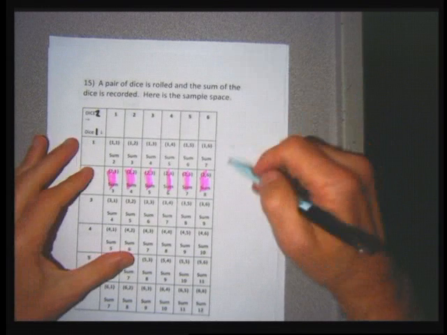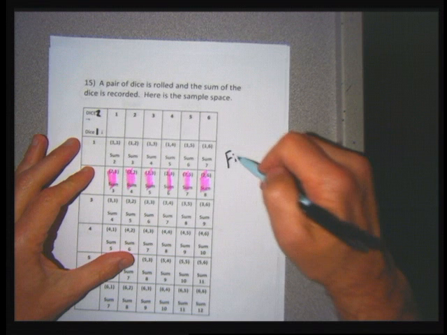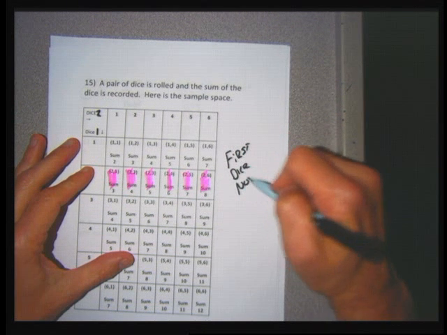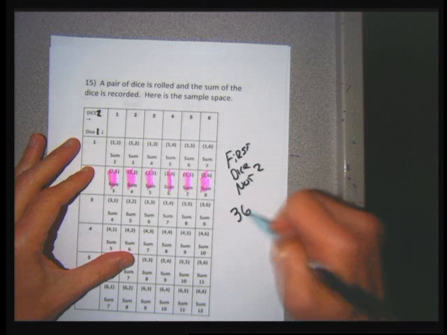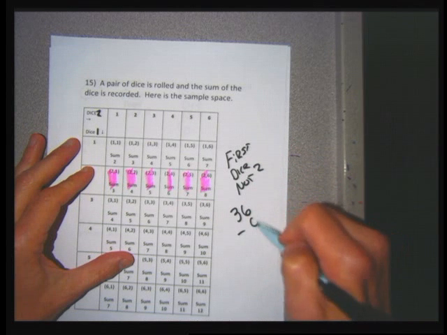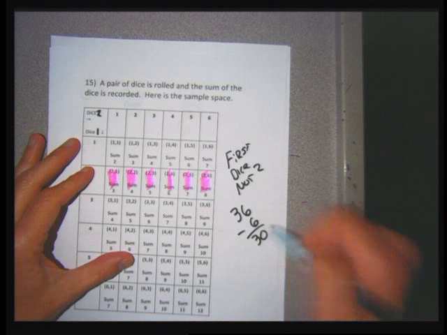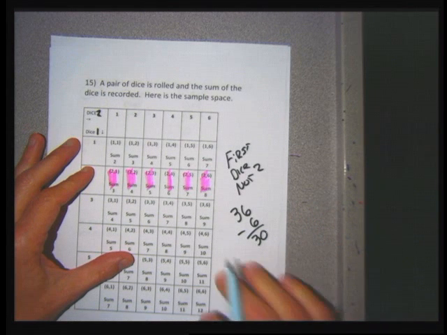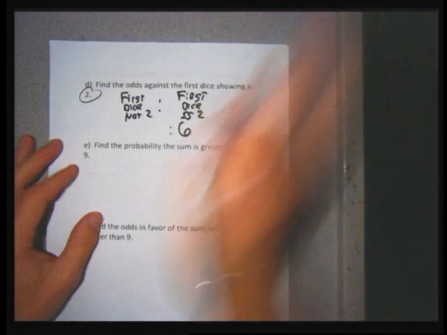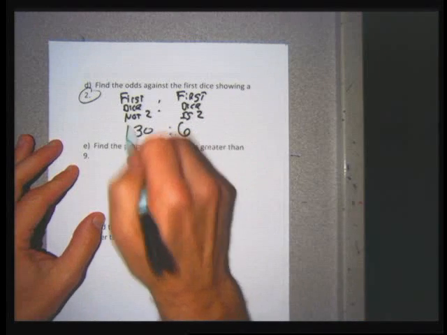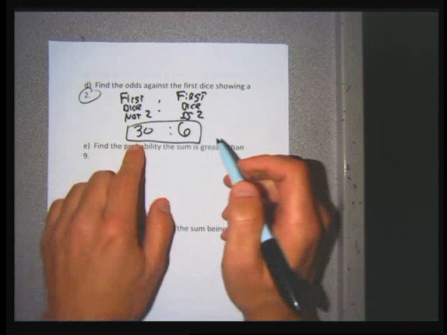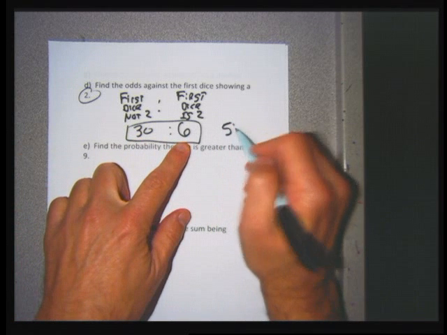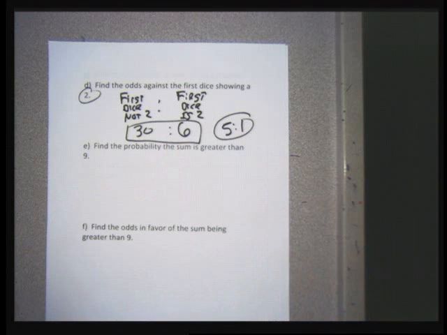On the other side, for the first dice not a 2, I'm going to take the 36 items in the sample space minus the 6 that I've already placed as being first dice being a 2, and I'm going to get 30 for the first dice not a 2. So I'm going to put a 30 over here. This is an acceptable answer. You can divide these by 6. 30 divided by 6 is 5. 6 divided by 6 is 1. That would be okay as well.